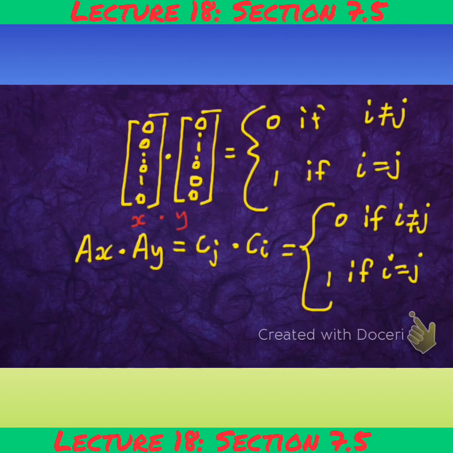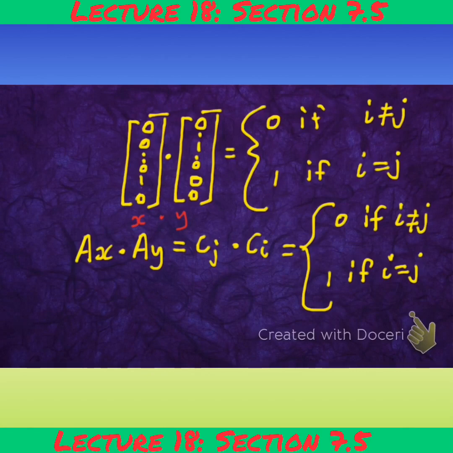Remember x is the vector that has a 1 in the jth position and zeros everywhere else, and y is the vector that's got in the ith position a 1 and zeros everywhere else. Now dotting them, you get one of two answers. You will get 0 when i is not equal to j, obviously, and you will get 1 if i is equal to j. That's pretty obvious.